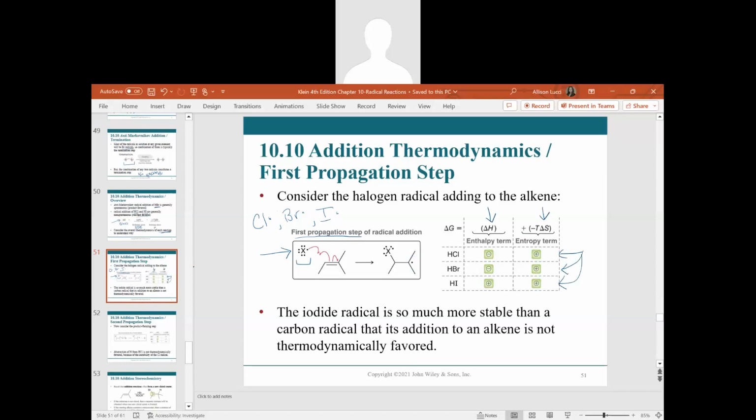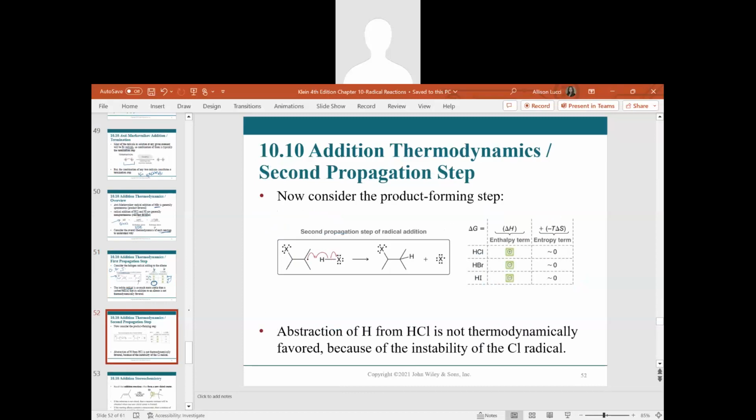But the enthalpy term is negative for both HCl and HBr, but the iodine radical is so much more stable than the carbon radical that would result that this addition is not thermodynamically favored. So that's why we see this positive value here. But let's look a little bit deeper and see why only the bromination is really favored.